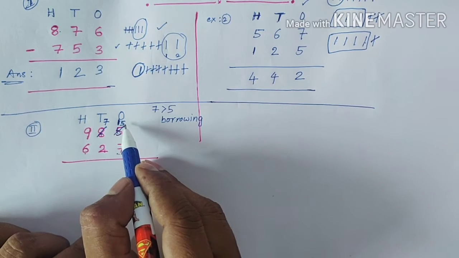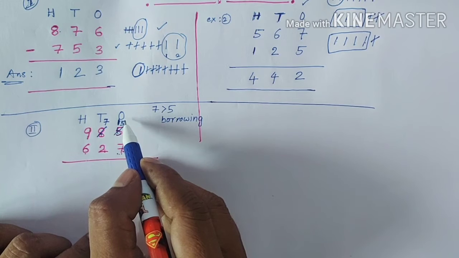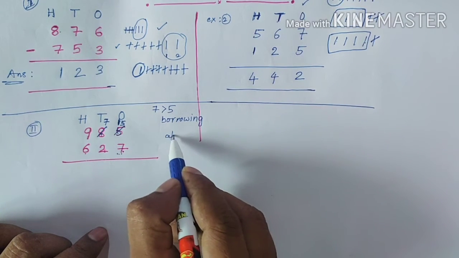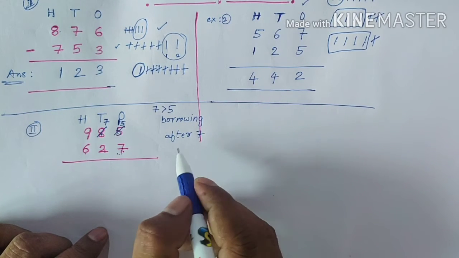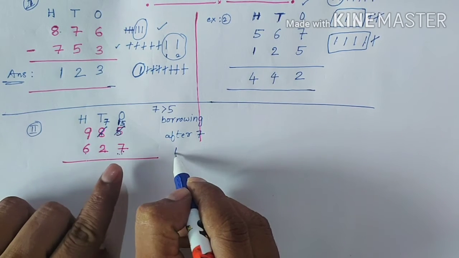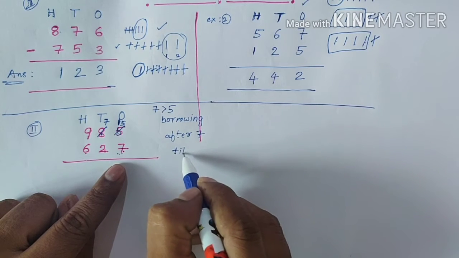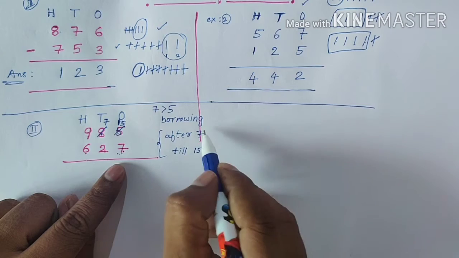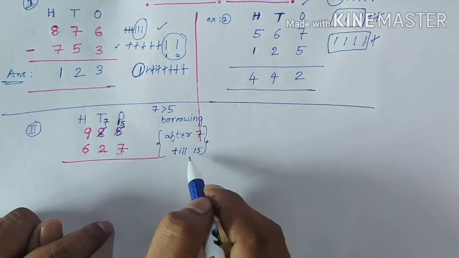Now we have to subtract 7 from 15. What you need to do is start counting after 7, that means you start with 8, till you reach 15.